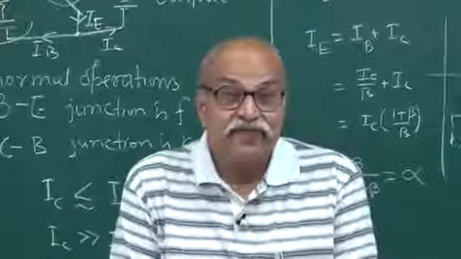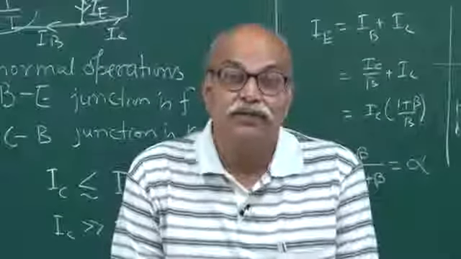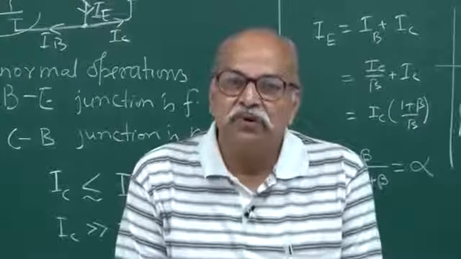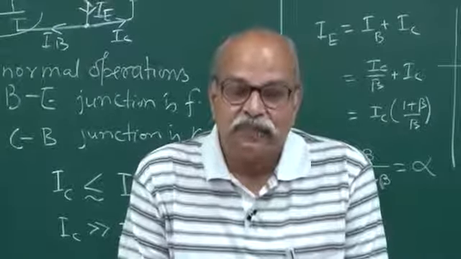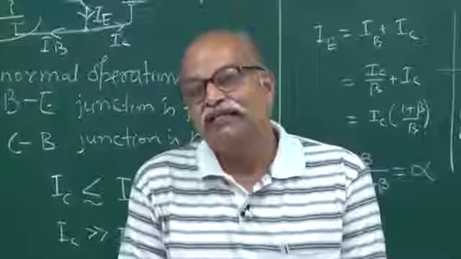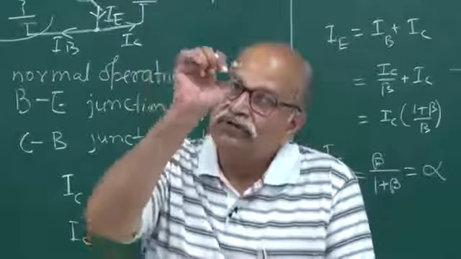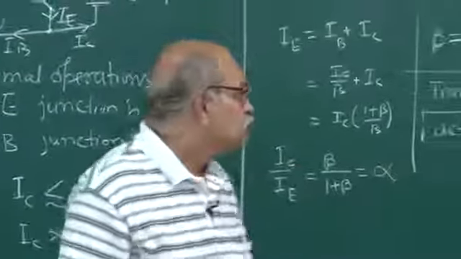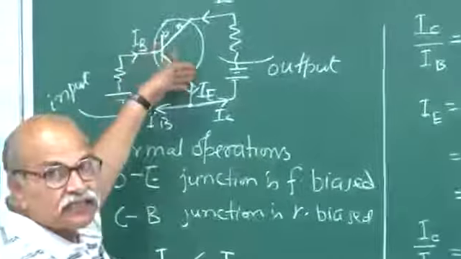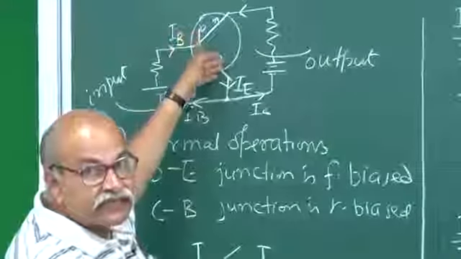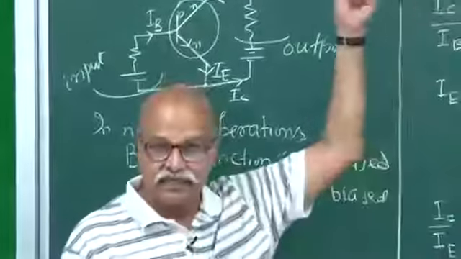If the forward biasing of base emitter junction is not proper, very small biasing or no biasing, zero potential difference, then what happens? If you do not bias this PN junction, just leave it open or give it a very small voltage, then this PN junction will not be operating, you know, the VI characteristics. You need a small voltage, after that the current starts.